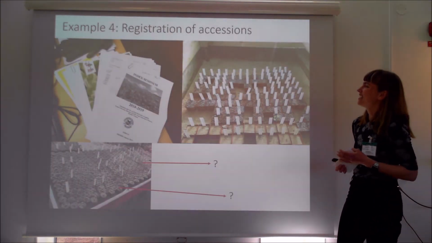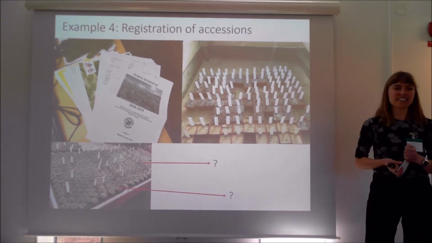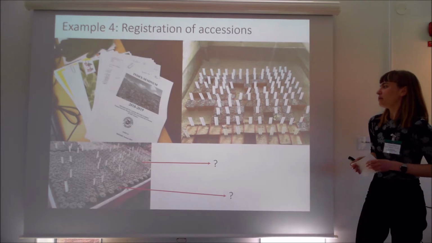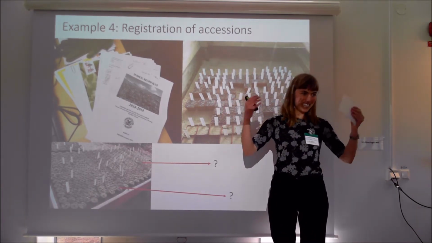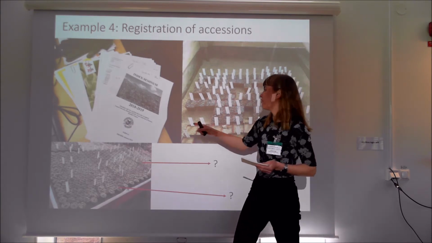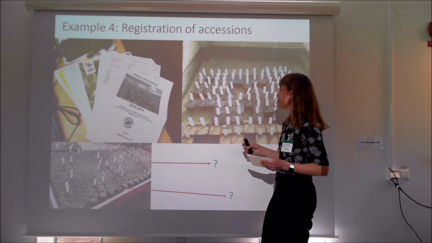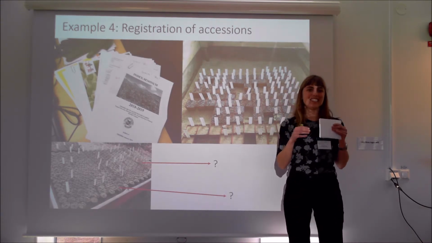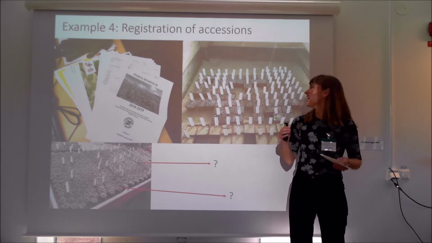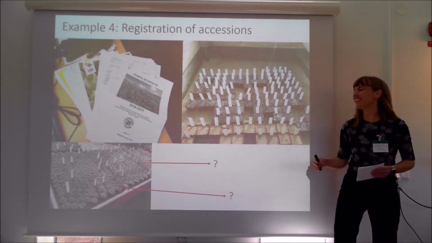And then my last example here is registration of accessions. Because every year there is a big influx of seeds and plants, mainly from seed exchange programs and index seminum and so on. And then they are registered into the database, and it looks like this after a while.